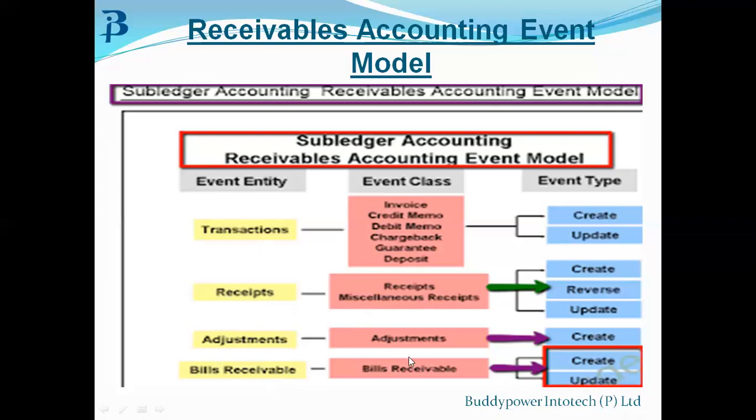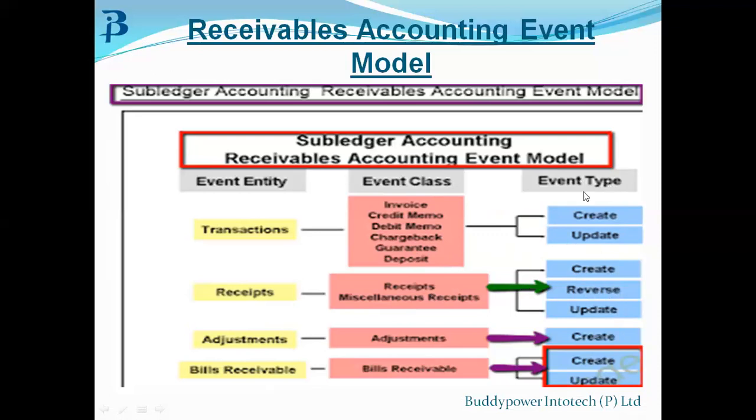This figure also describes the event classes and types that Receivables predefines for the transaction event entity. Under the event entity transactions, you have event classes like invoice, credit memo, and miscellaneous receipt. For that you have event types where you create an invoice and then update an invoice. Under receipts, you have receipts and miscellaneous receipts, wherein you can reverse and update them.